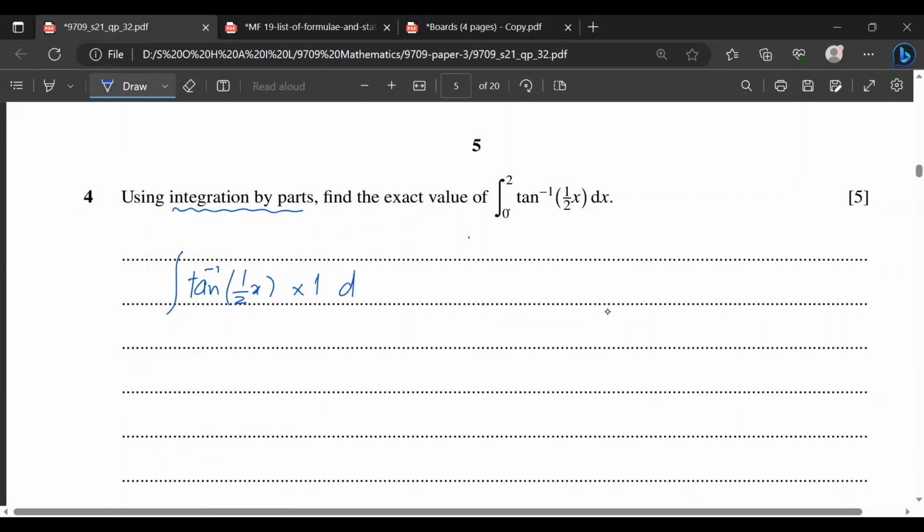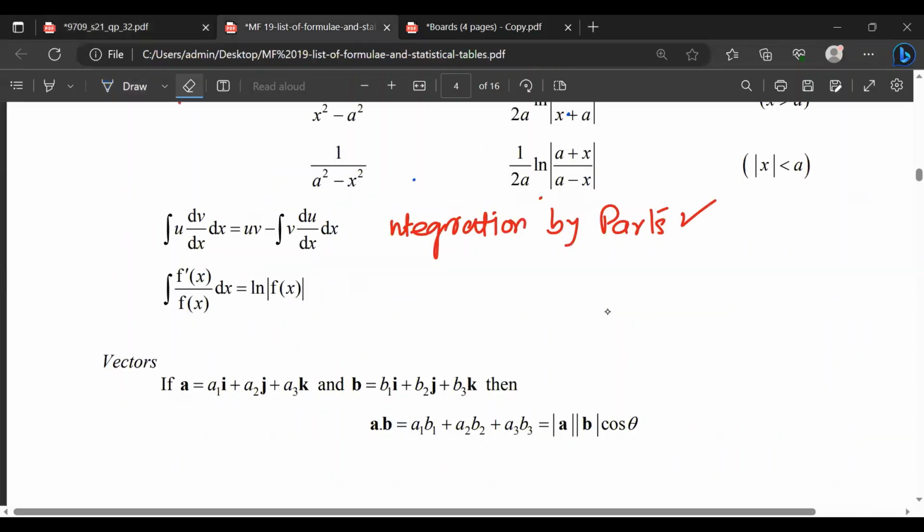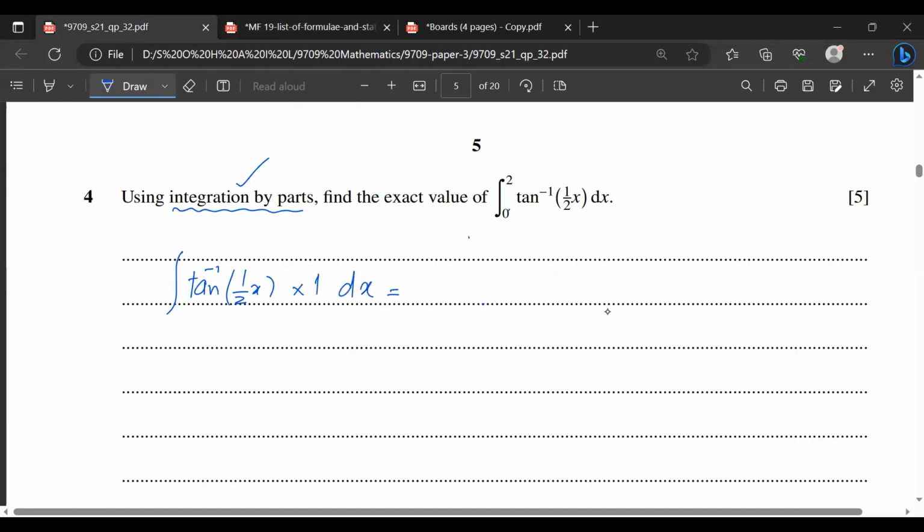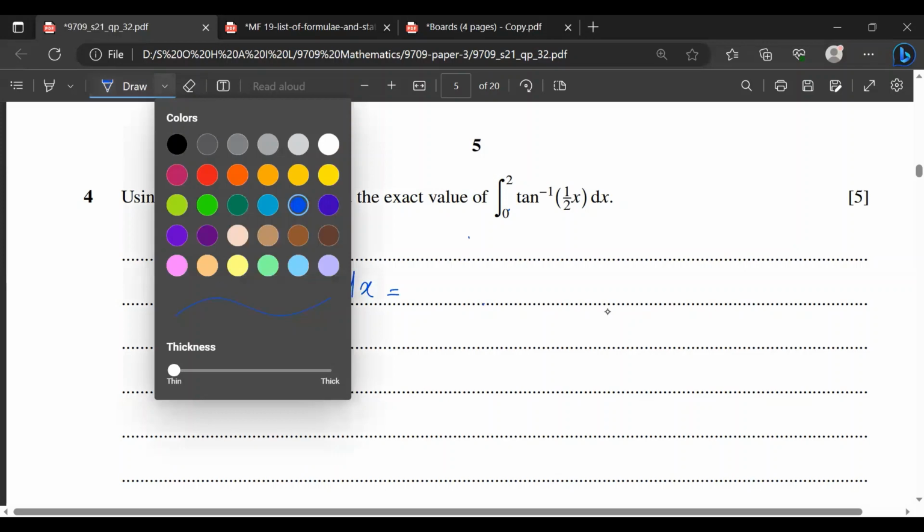and then dx. So what we do for integration by parts, first of all, we write the formula from the formula sheet. The right hand side of the formula of this integration by parts. This is integration by parts in MF19. So the right hand side is uv minus integration sign v du by dx. So without wasting time, write the right hand side of the formula, and then I'll explain what to do next.